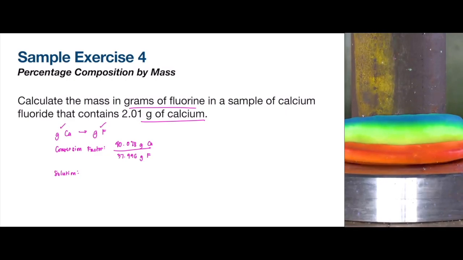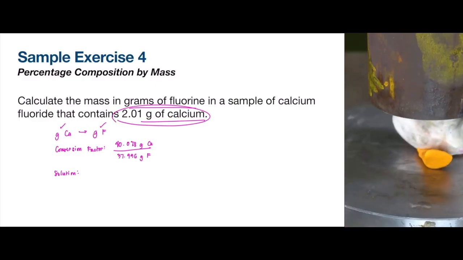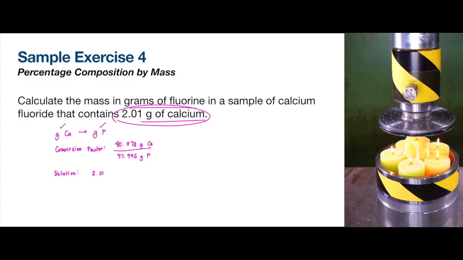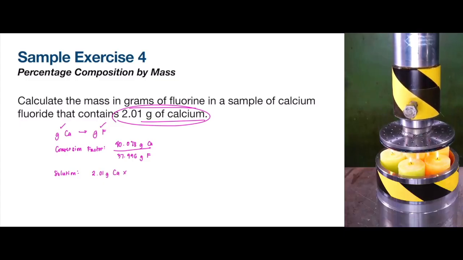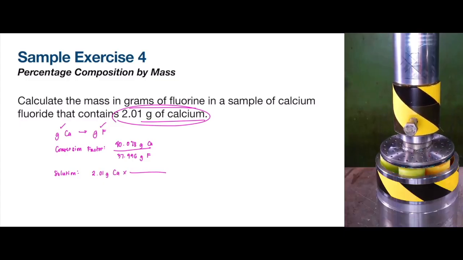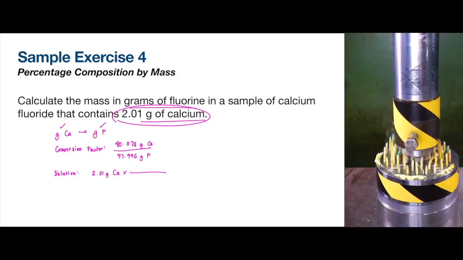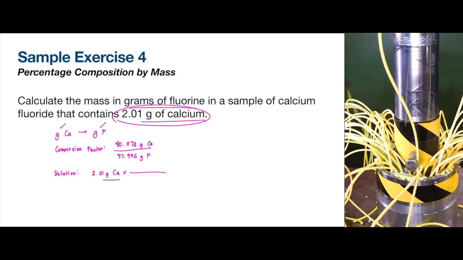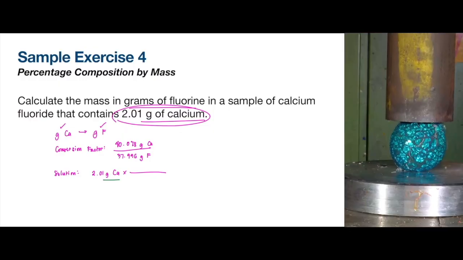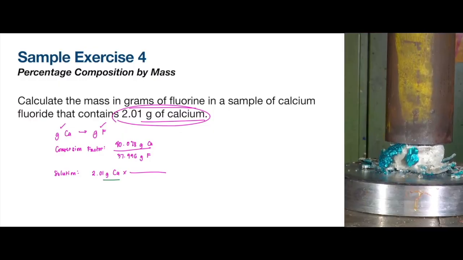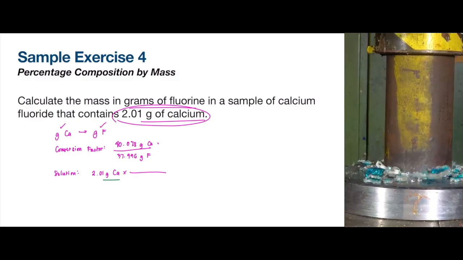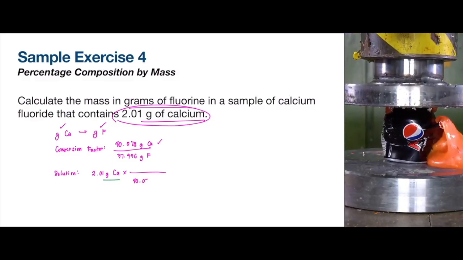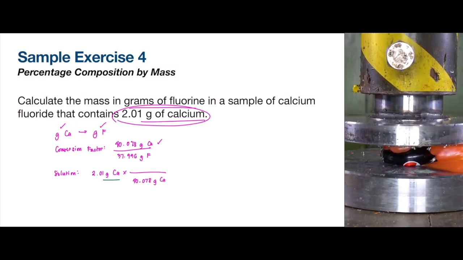From the problem, the given is 2.01 grams of calcium. So we will start with that value: 2.01 grams of calcium multiplied by the conversion factor. Since our given unit is grams of calcium, the value and the unit that will be written in the denominator should also be the grams of calcium, so 40.078 grams of calcium.